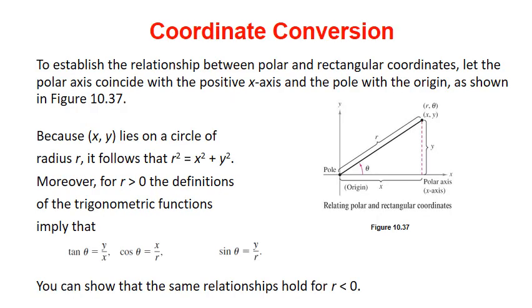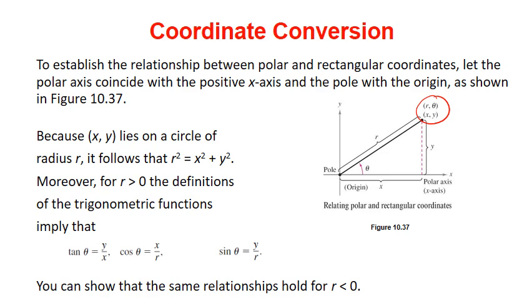Now we'll have to make some conversions just like we did in the previous sections. Let's analyze this a little bit. We've placed this r, theta on a coordinate plane so we can see what's going on.